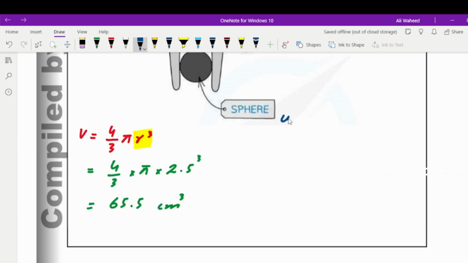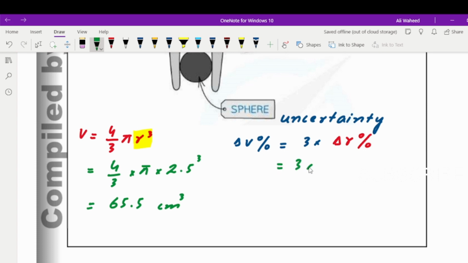So I'm finding the uncertainty here. The percentage uncertainty in volume would be 3 times the percentage uncertainty in the radius.